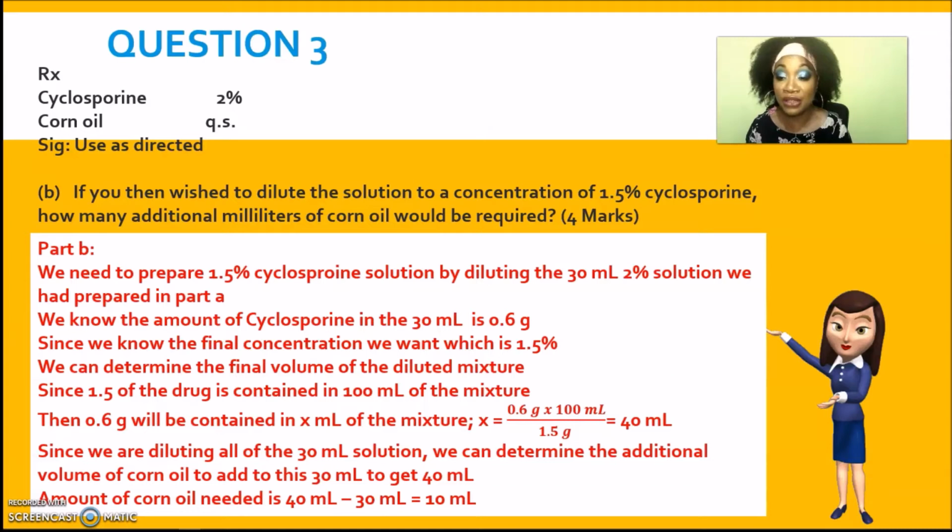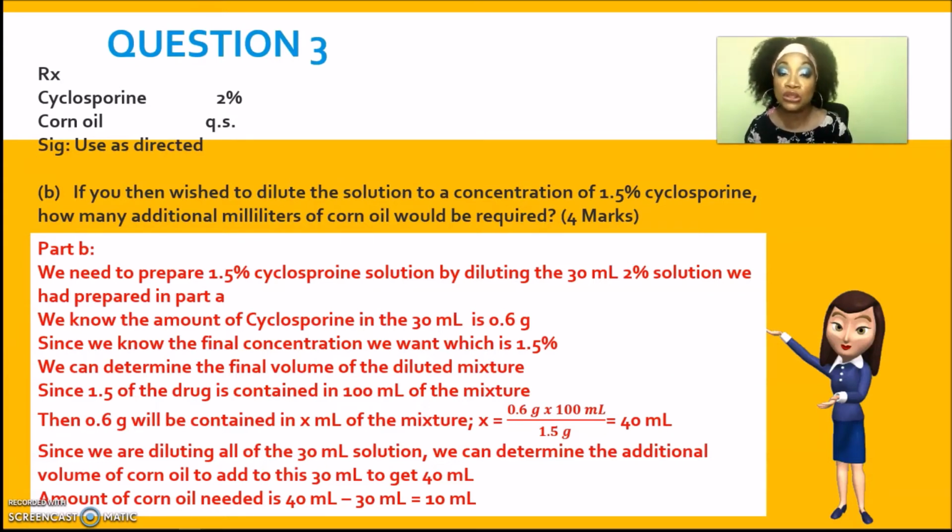So if 1.5 grams of the drug is contained in 100 ml, then 0.6 grams will be contained in X ml of the mixture. So X is going to be 40 ml. So it means then that the 30 ml we had calculated in part A will now be diluted to get a final volume of 40 ml.